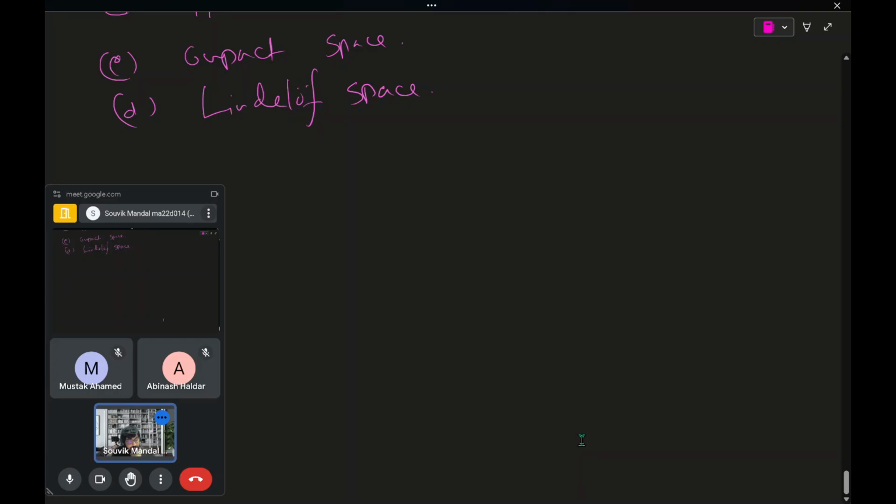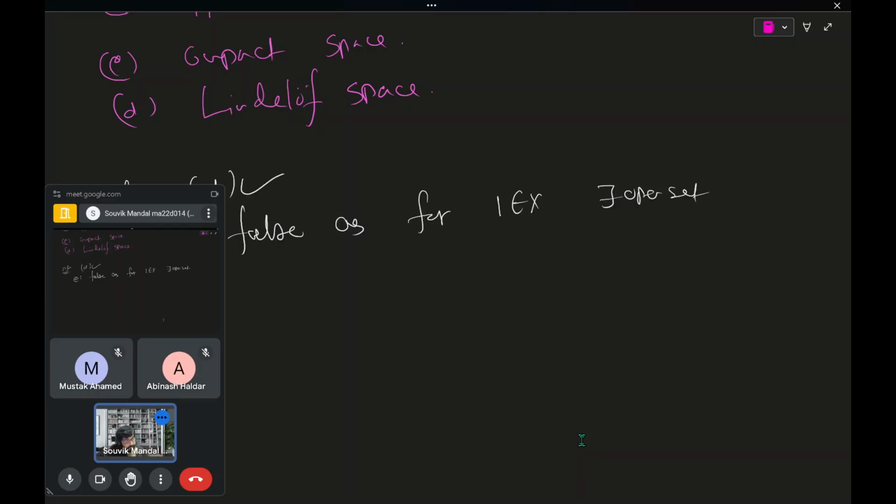Solution: option D only is correct. Option A is false. Why? As for the element 1 belonging to X, the open set {0, 1} contains it, but there does not exist any open set V of {0, 1} containing 1 for which V bar is a subset of {0, 1}.